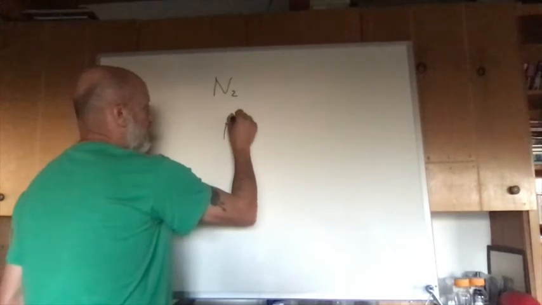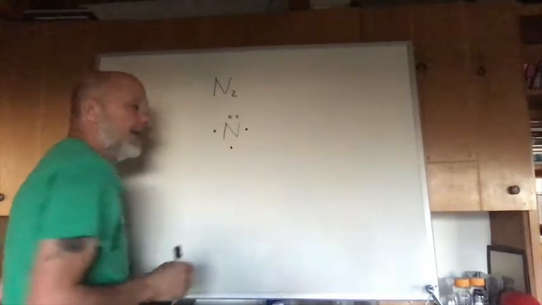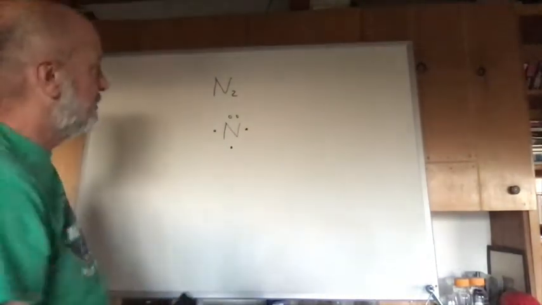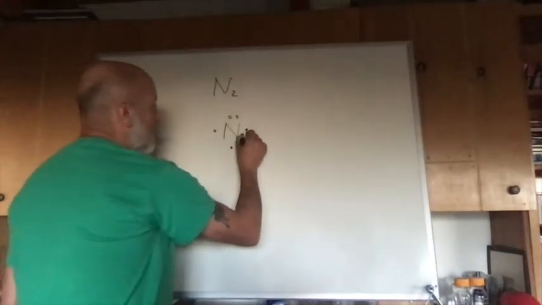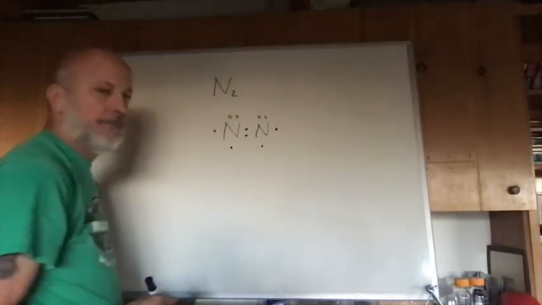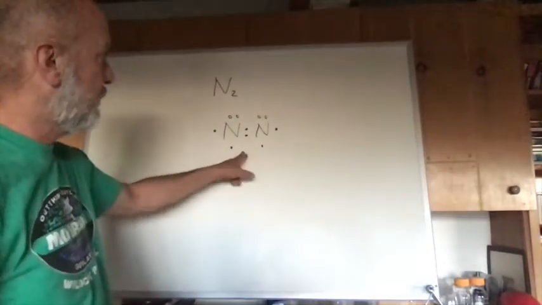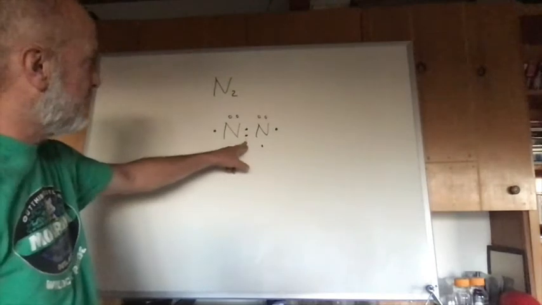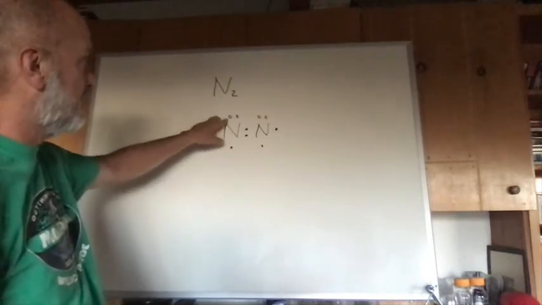This is nitrogen, 5 valence electrons. Let's connect 2 nitrogens together, and I have N2.